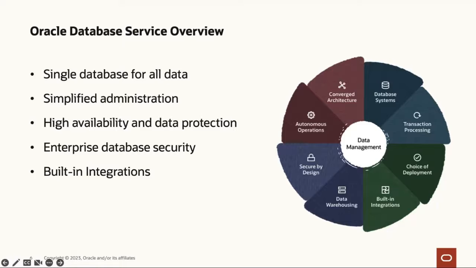Because you'll have fewer places to look, your admin is going to be greatly simplified, and a lot of the dashboards and visualization tools on OCI are going to be very broad and try to ingest metrics from different services so that you can have all your information located in one place.